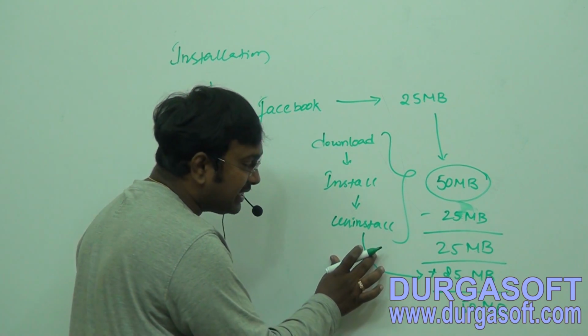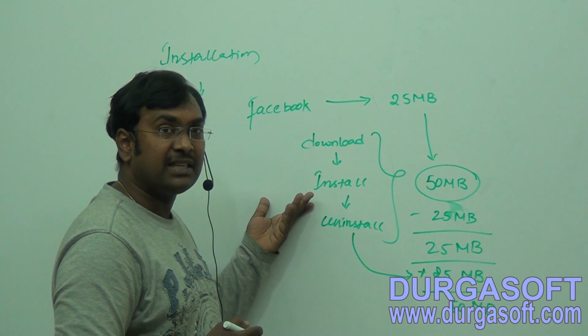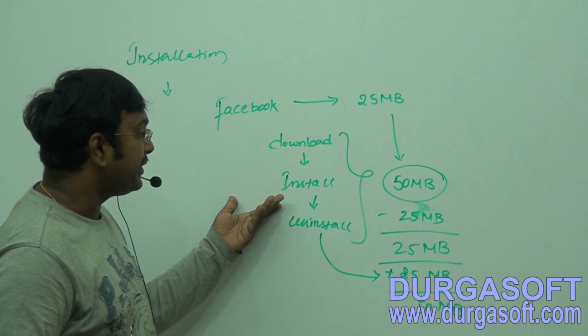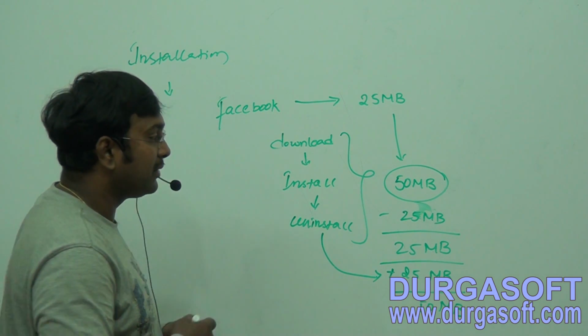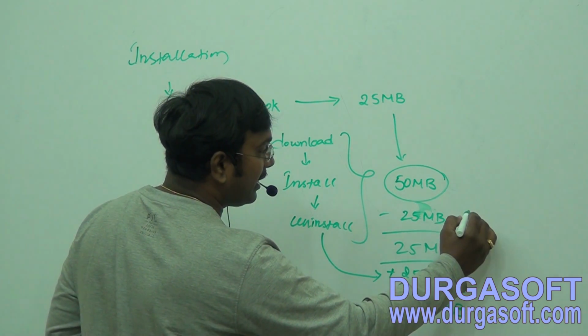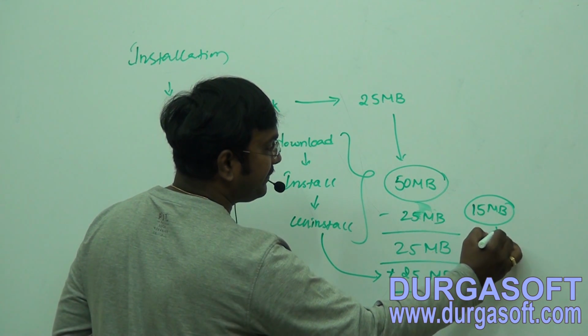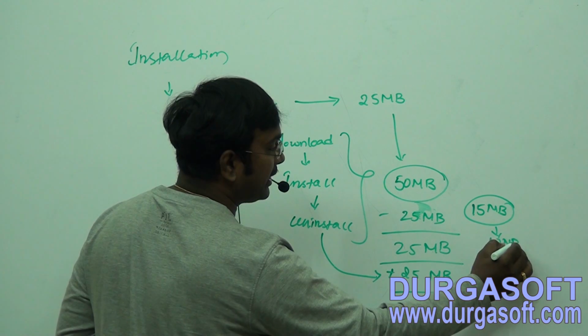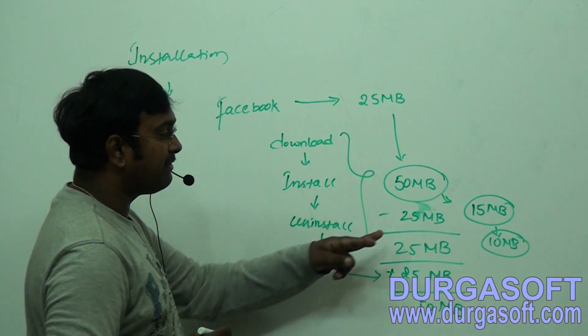When you uninstall or install this application, just remove your battery or switch off your mobile. So in 25 MB, 15 MB is already downloaded, 10 MB not downloaded. So 50 MB will go to 25 MB.